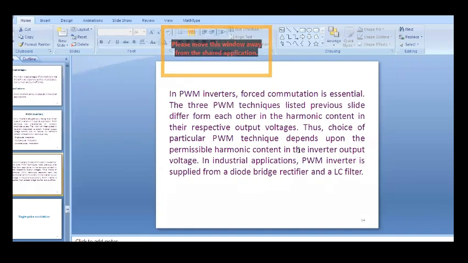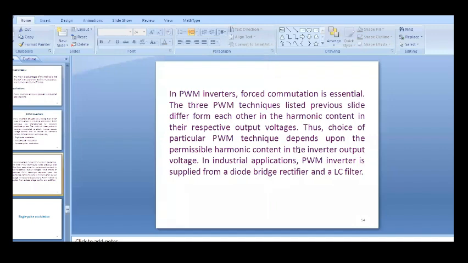Obviously in single pulse modulation there will be a certain harmonic level. When you use multiple pulse modulation, correspondingly you will get another type of harmonics generation. Once you use sinusoidal pulse modulation, these are the types of pulses of the inverter.